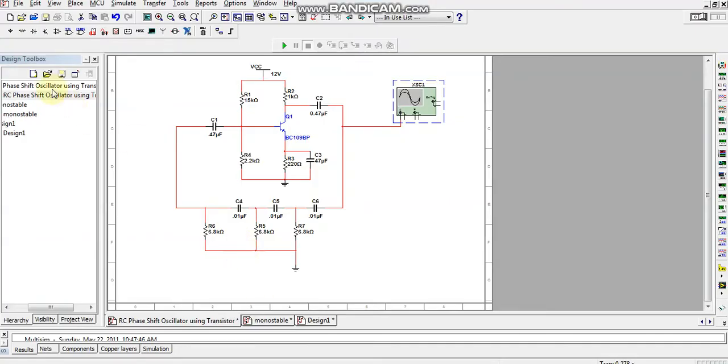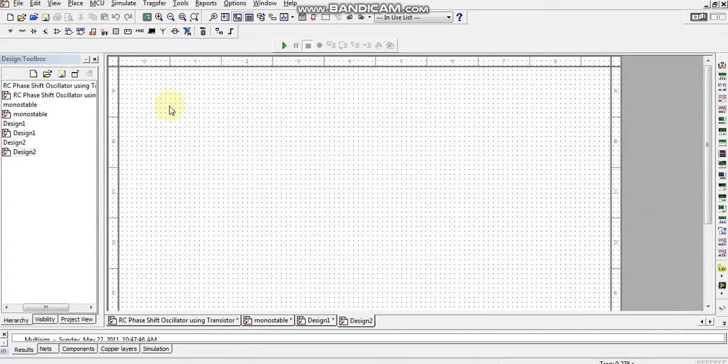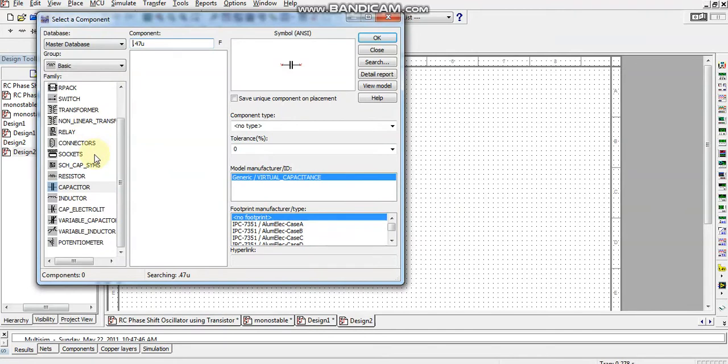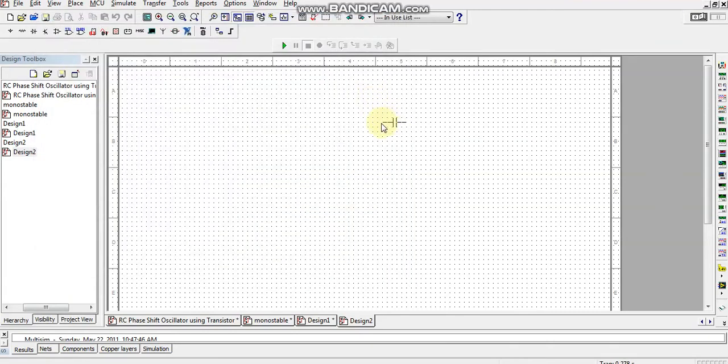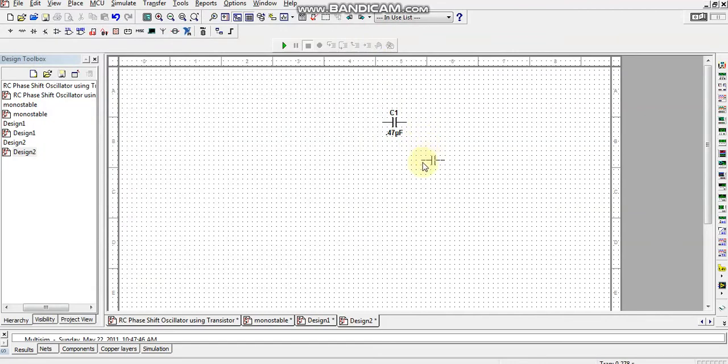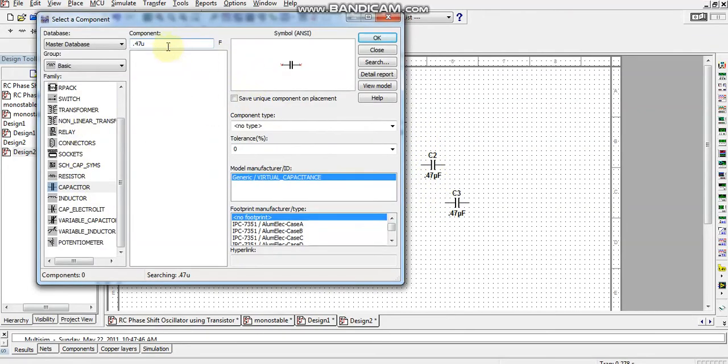So this is about your RC phase shift oscillator. So let us design it using Multisim. Using Multisim you have to design this RC phase shift oscillator. So you have to take all the components, first place all the components. What I require is a capacitor of 0.47, and capacitors of 0.01 microfarad I require.